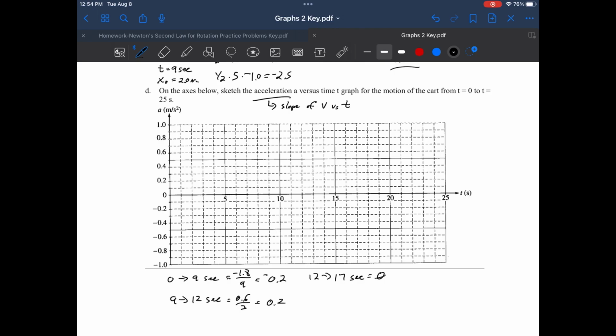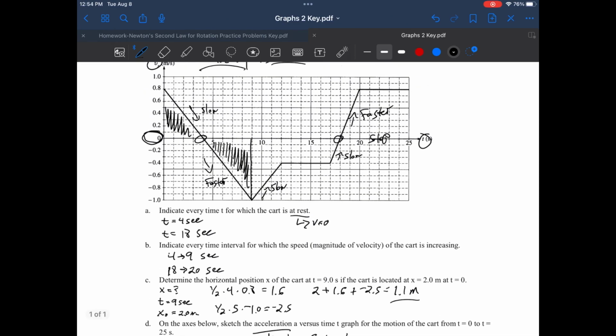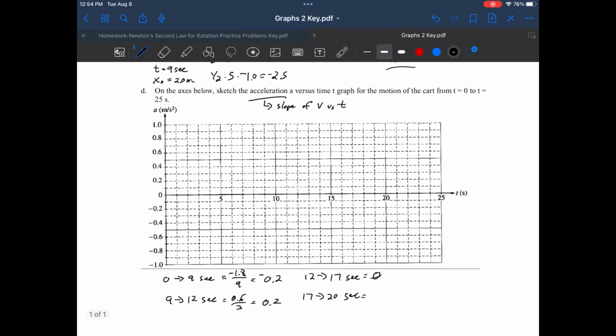And then from 17 to 20 seconds, it goes from 0.4 up to 0.8. So it had a rise, a change in y of 1.2, with 3 seconds for that to occur, so 1.2 over 3. And then 20 to 25 seconds was also 0. It had a flat 0 rise, didn't have any change in y, so it has a 0 slope. So now we have these values for those time periods.